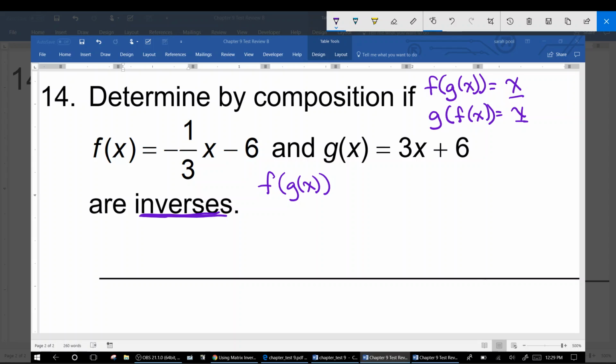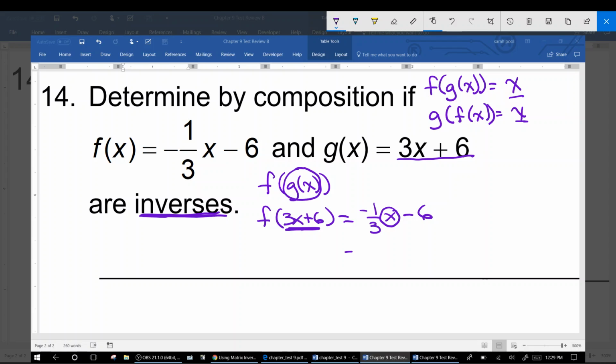All right, so that says what is in g of x here? So it's actually going to be f of, and what is in g of x is 3x plus 6. And f of x was negative 1/3 x minus 6. So everything I see here has to go into this x.